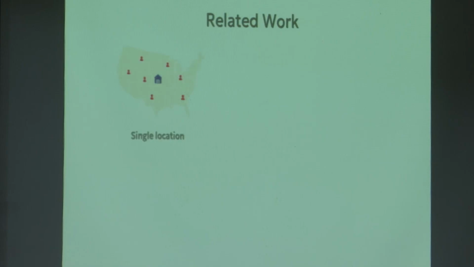This problem has been looked at in the literature, and in fact the first reference I know is from 1958 by Scarf, who considered the single location version of this problem. You're just planning inventory for one location. There's no fulfillment. The demand has mean mu and variance sigma square.